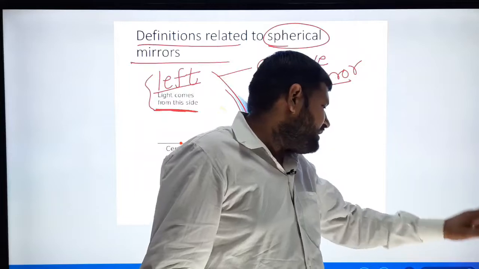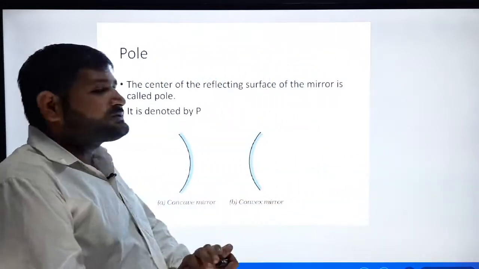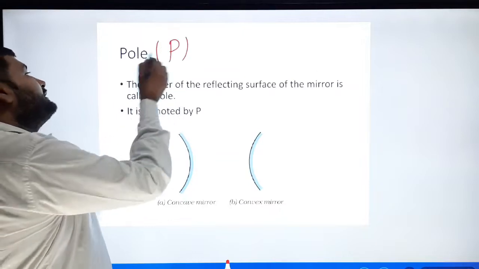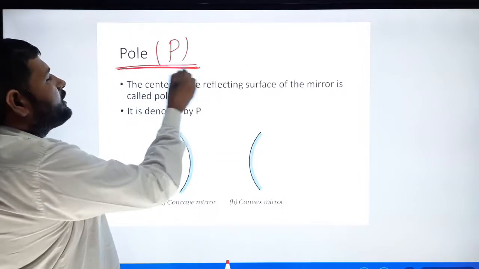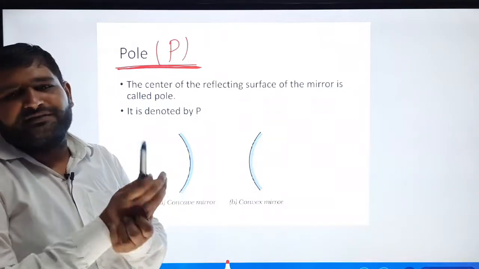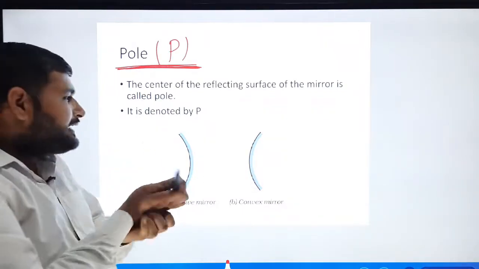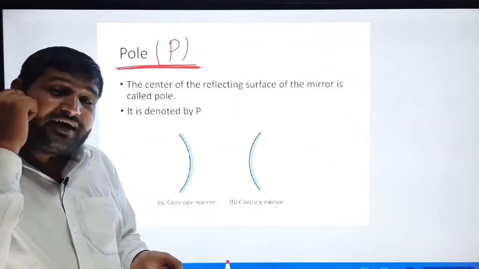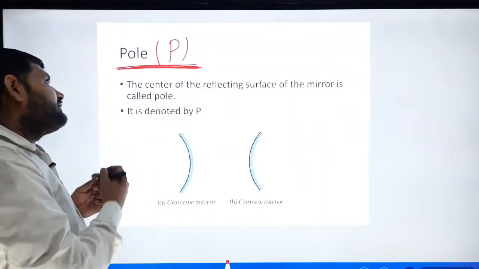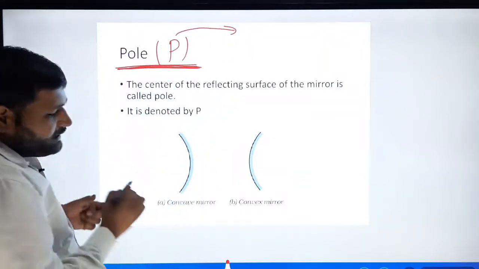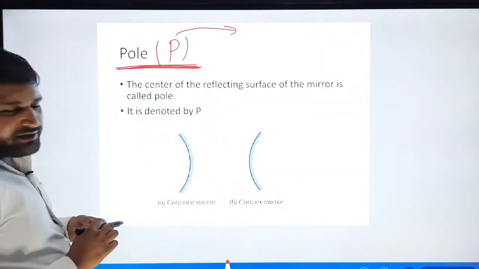The first parameter that we are going to talk about here is capital P, the pole. And what is the pole? The pole is the center of the reflecting surface of a spherical mirror. The center or the midpoint of the reflecting surface of a spherical mirror is called the pole, and it is represented by P. So this is a concave mirror, this is a convex mirror.